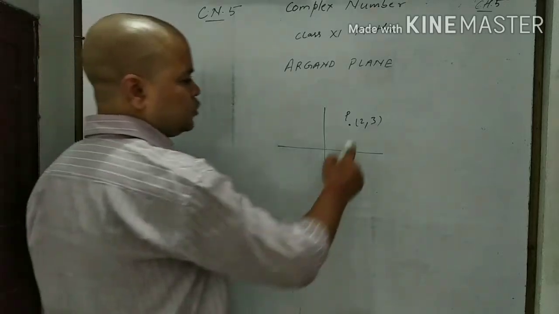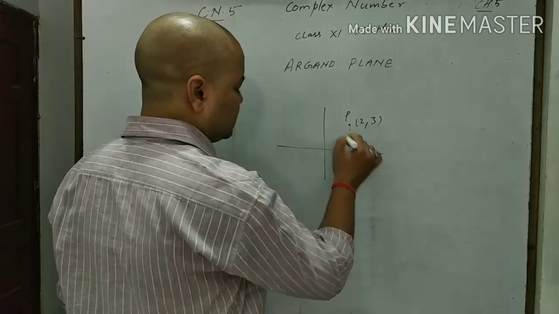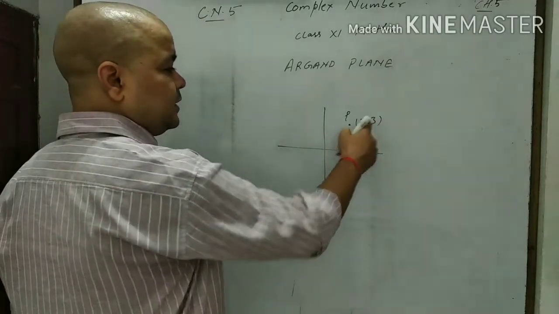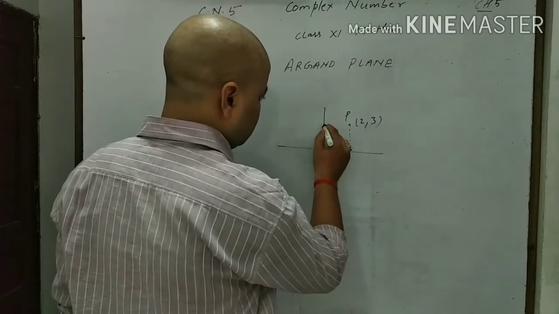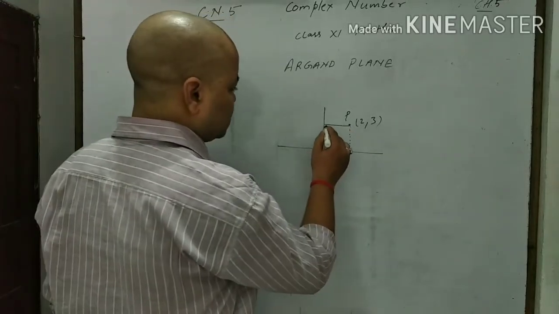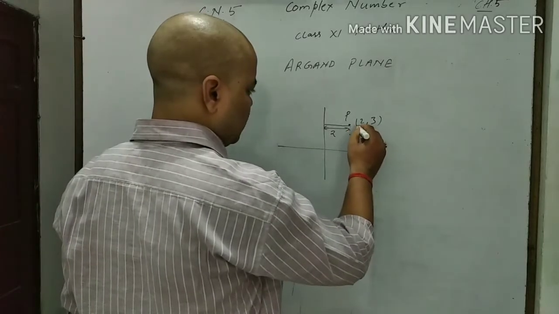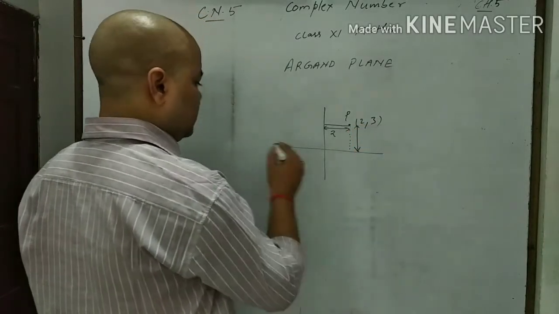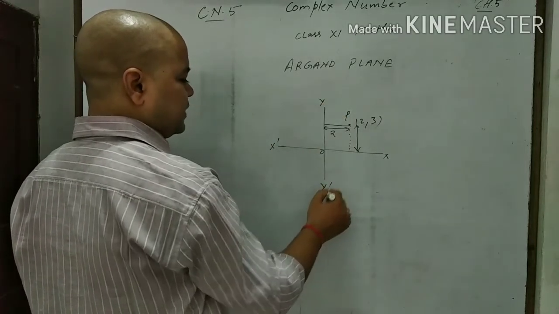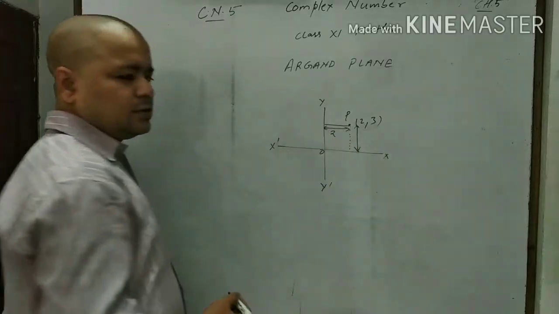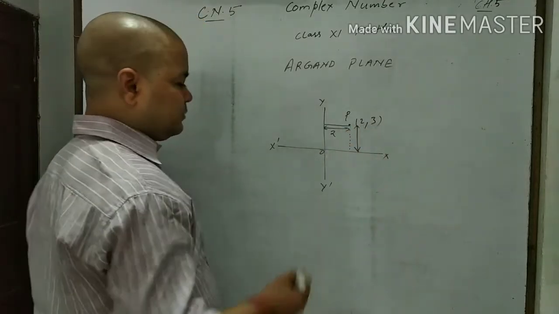This point P here, 2 represents what? Abscissa and ordinate. What is abscissa? Abscissa is the distance from the y-axis. This distance is 2. And what is 3? The distance from the x-axis. Here, x'ox and yoy', y-axis, x-axis, here (2, 3). 2 is the abscissa.